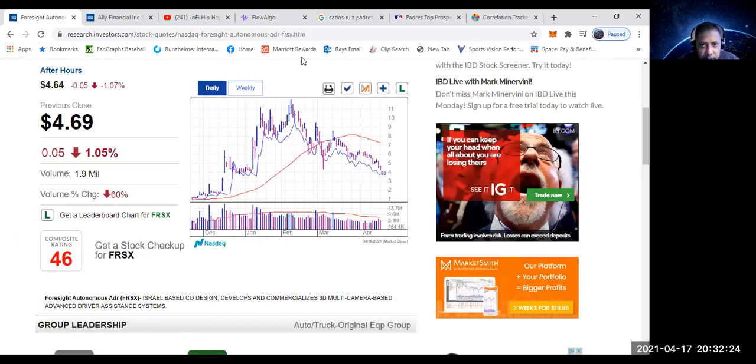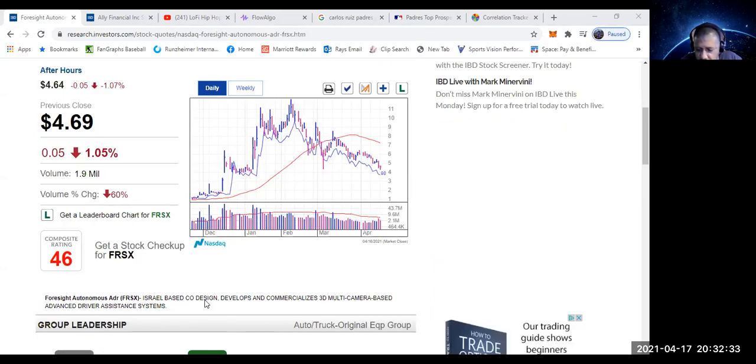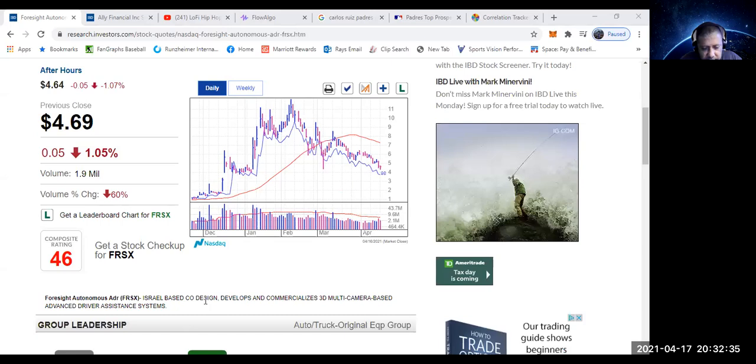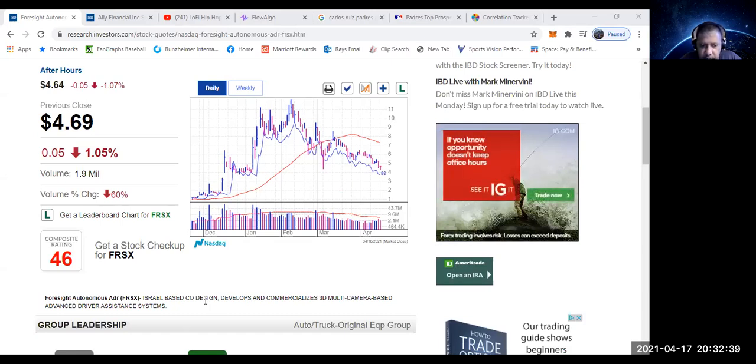Now, one good thing that I do like, we're looking at Investors Business Daily. It's an Israeli-based company. Israel is pretty advanced with fintech and cybersecurity, and here we're going 3D multi-camera based advanced driver systems.